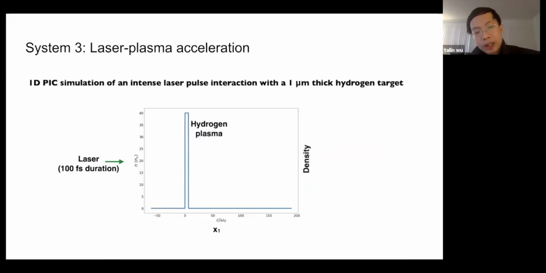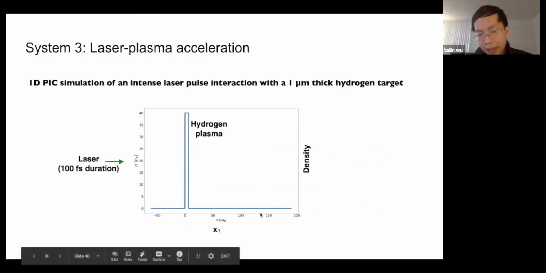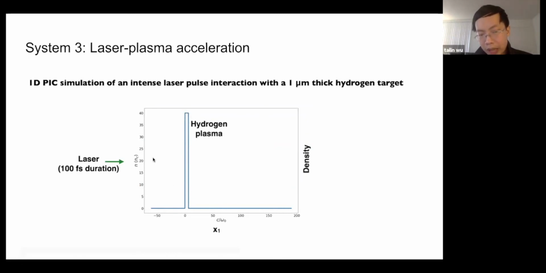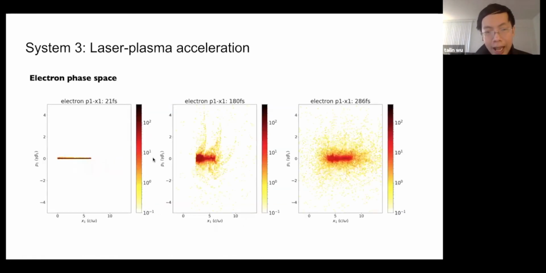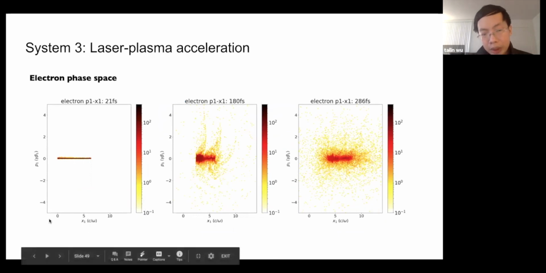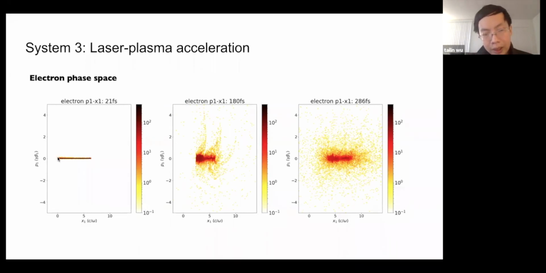And for a simple demonstration, we can visualize this in the 1D case, in which here is the X direction, and then here is the density of the plasma. And the laser is shooting from the left. And here we also show the phase space density of the electrons, in which we see that as time goes by, originally the electrons have a velocity of 0, but then some electrons will be sped up into positive velocity, and then some will become negative velocity.